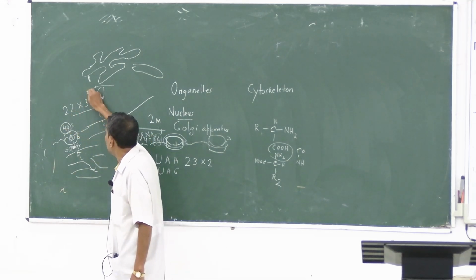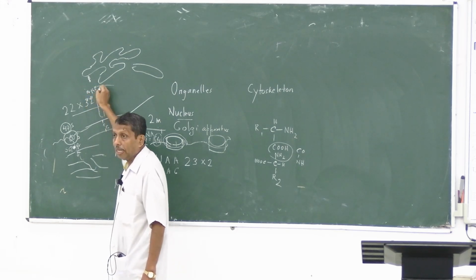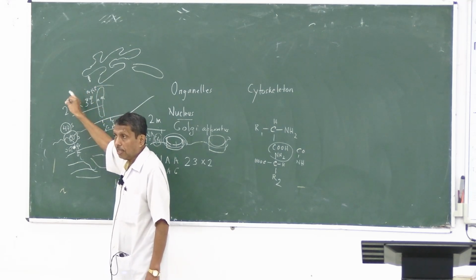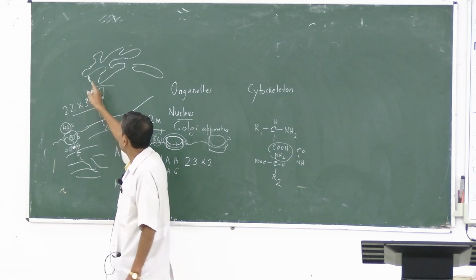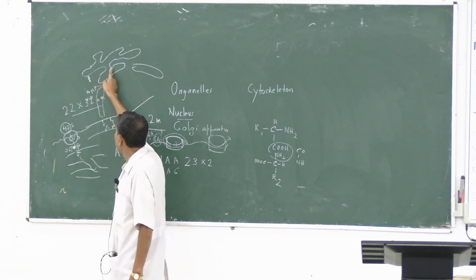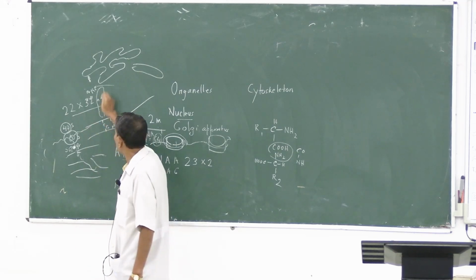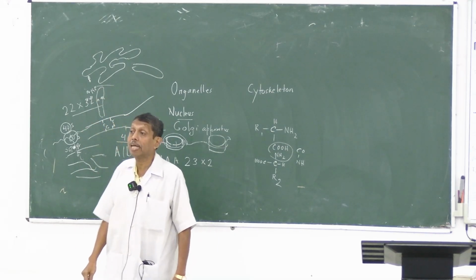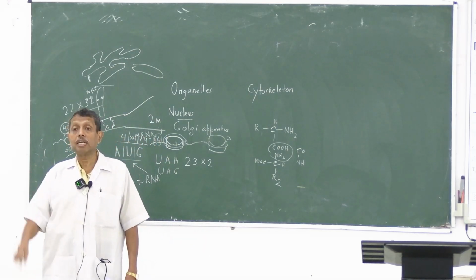So mRNA will come through this, rRNA, ribosomal RNA can come, even tRNA may come through this nuclear pore complex. And the rough endoplasmic reticulum is a continuation of the perinuclear cisterns, and these pore complexes are large. They are formed of 8 subunits, and nearly 100 proteins are required.